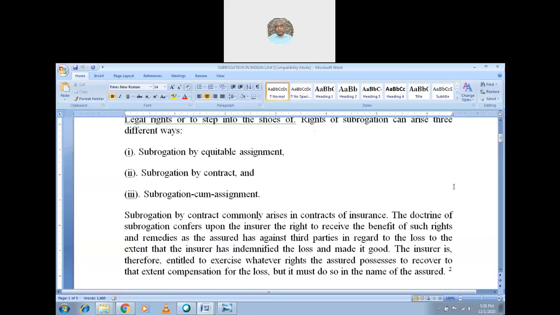So here the insurance company, the insurer, will indemnify if there is a clear fault from the third party. Whatever right the insured is going to get will come into the hands of the insurer. Then the insurer will claim the compensation from the third party, where the third party is at fault.